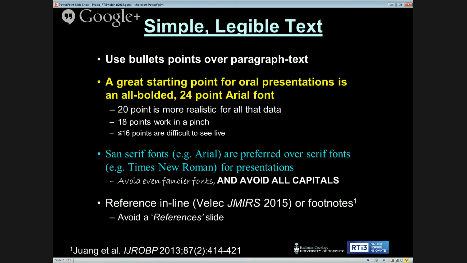But again, thinking of an old guy like me sitting at the back of the row, someone with astigmatism will have a really hard time making out the different line thicknesses that the serif font has. So this is why it's friendlier and kinder to your audience to use those blocky, boring, but easy to read fonts in a presentation.